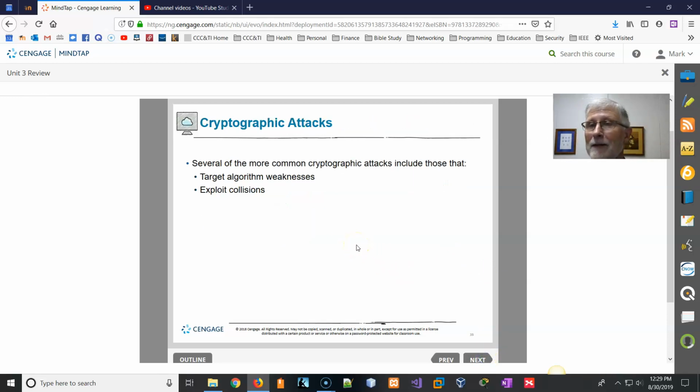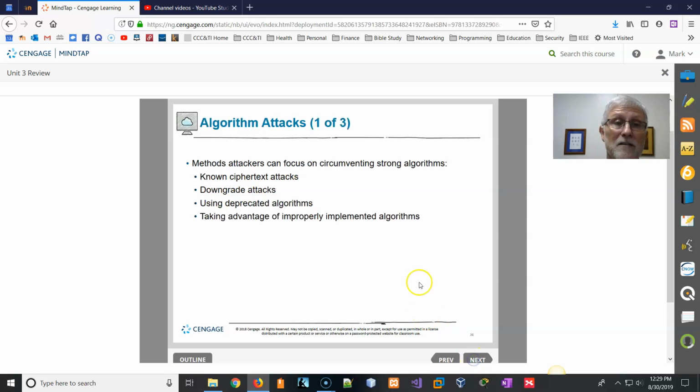Now, like I said, that's a big issue. Now, what are some of the common attacks? Some of those include targeting algorithm weaknesses. So I'm looking for weaknesses in the algorithm, or I'm going to exploit when things collide or things get delayed in implementing things.